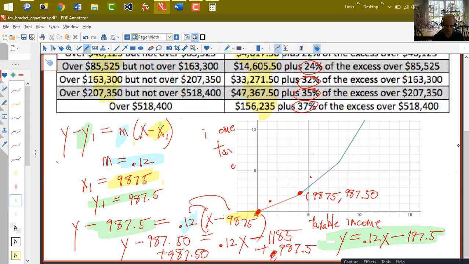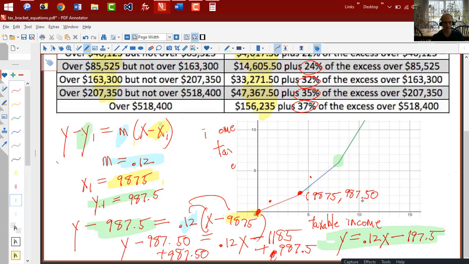All right, so essentially we're finding the first point in that new tax bracket, or the end point of the previous tax bracket, but we're going to treat it as the first point of the new tax bracket. You substitute x1, y1, and m into the point slope equation, and then you solve for y.